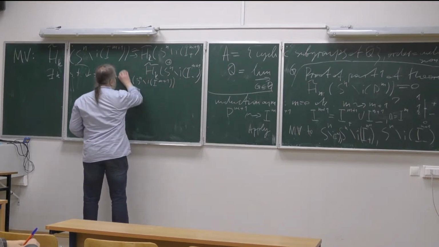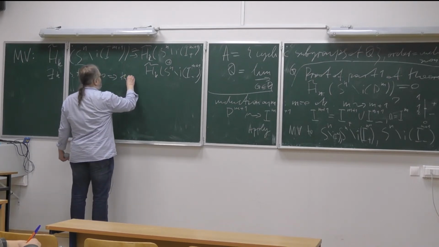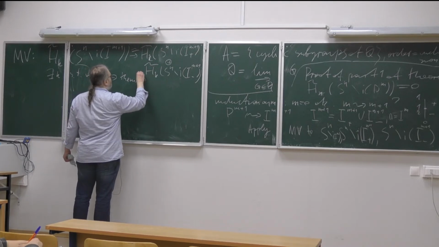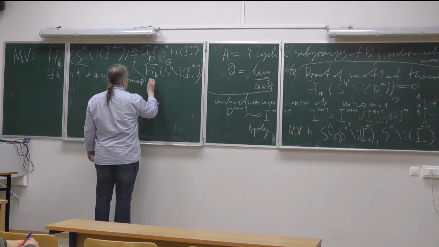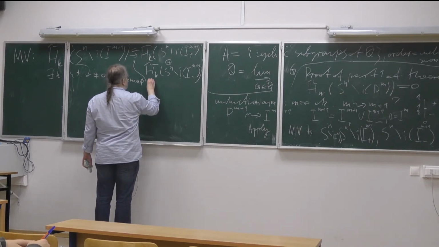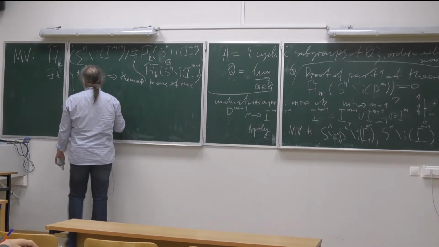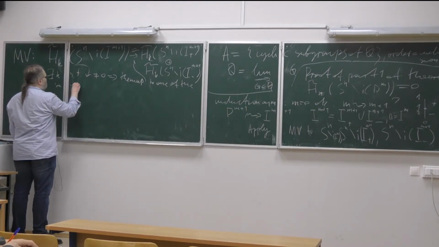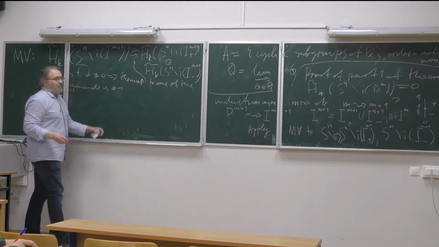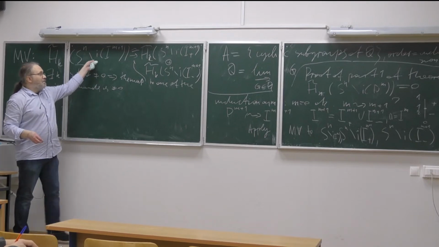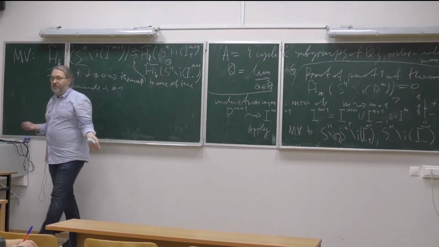Okay, it's too long. So if this group is non-zero and this is an isomorphism, then the map to the first summand or to the second summand is non-zero.